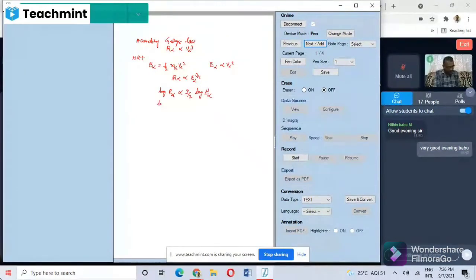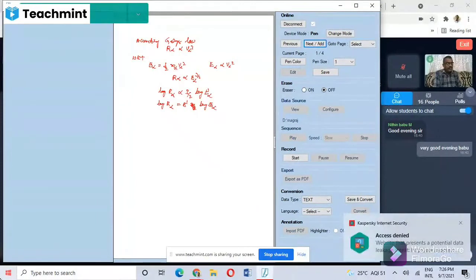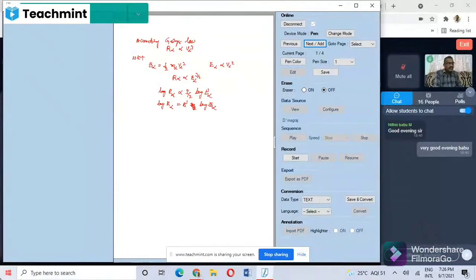Removing the proportionality, since 3 by 2 is a constant, log R alpha is equal to B dash log E alpha, where B dash is a constant. Hence the Geiger-Nuttall law can be written in terms of energy like this.